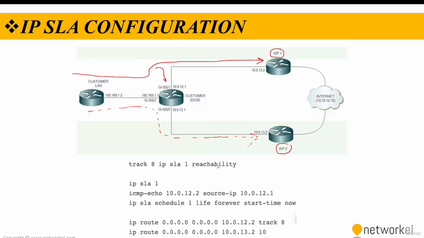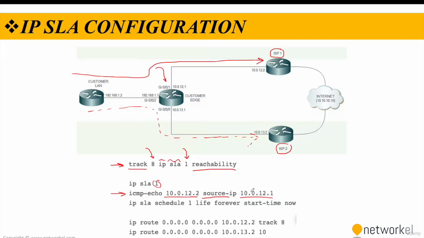So how am I doing the configuration? First of all, I am defining a track, track 8, ip sla 1, reachability. Then I'm defining my IP SLA 1 statement here. IP SLA 1 is icmp-echo 10.0.12.2, source IP 10.0.12.1.